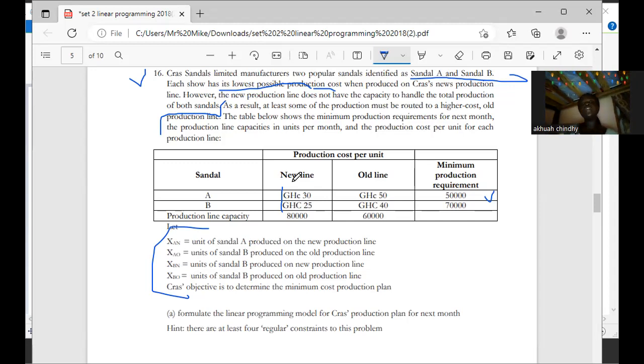Sometimes when you are reading, don't be in a hurry to get to equal to. Normally with linear programs and their constraints, they're either greater than or equal to or less than or equal to. It's just in rare cases that you get equal to. For equal to, the question might say exactly this, the same as this, not more than, not less than.